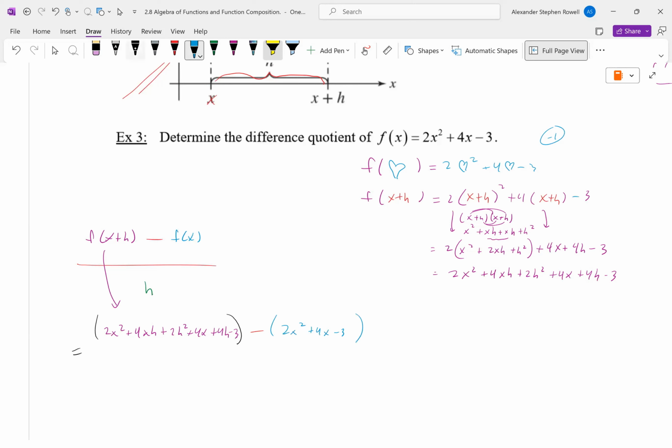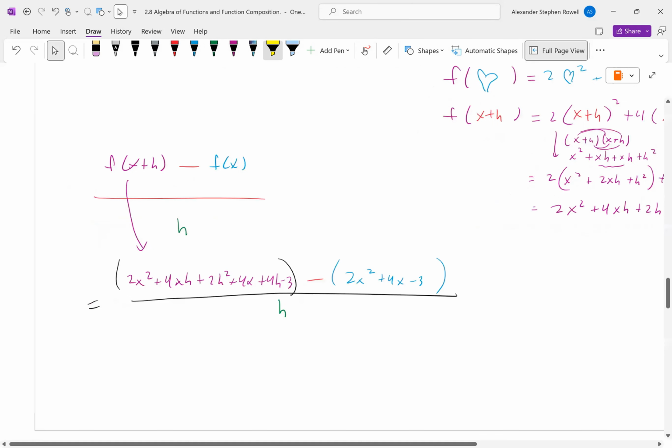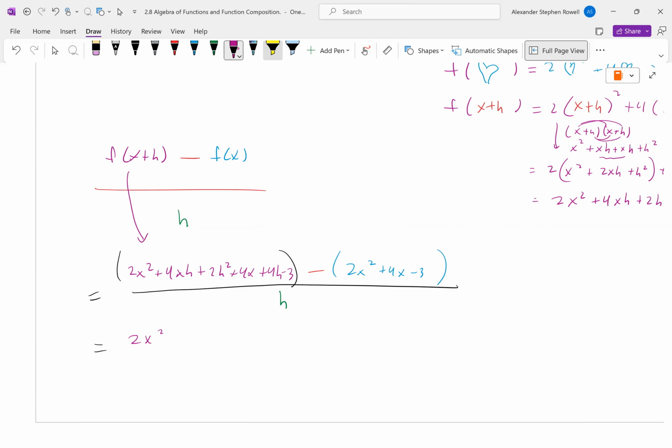Minus 3. And we still have the h on the bottom. Then we distribute that minus sign and we simplify. 2x squared plus 4xh plus 2h squared plus 4x plus 4h minus 3 minus 2x squared minus 4x plus 3.